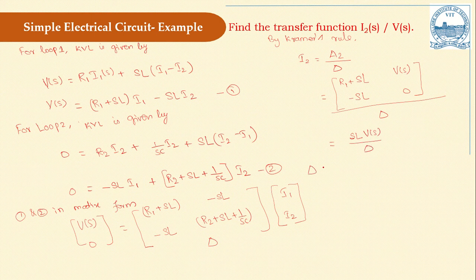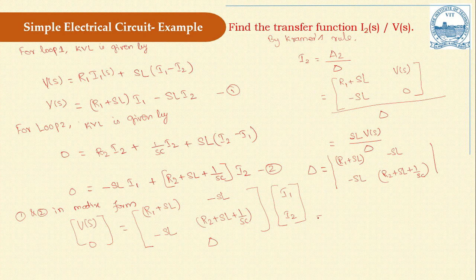And once I try to find the value of determinant delta, that is R1 plus SL, minus SL, minus SL, R2 plus SL plus 1 by SC.